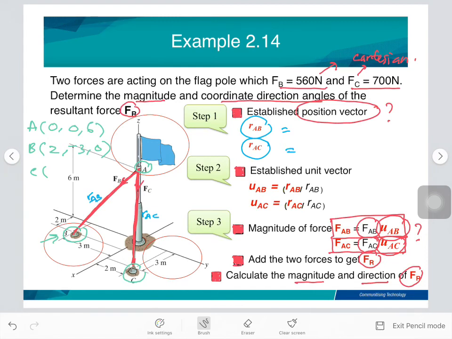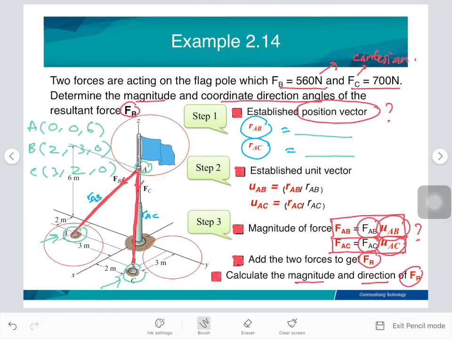And next, we need to determine the coordinate C. So now, what is the coordinate C? We have 3 in X, 2 in Y, and 0 in Z. So we have done the coordinates A, B, and C. Can you get what is the RAB and what is the RAC?